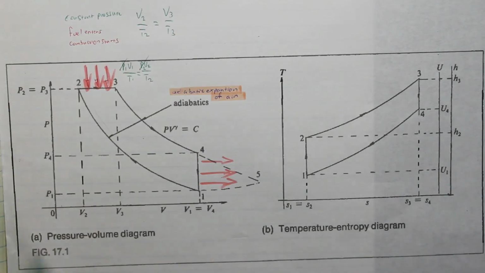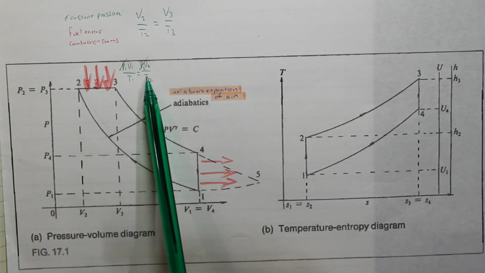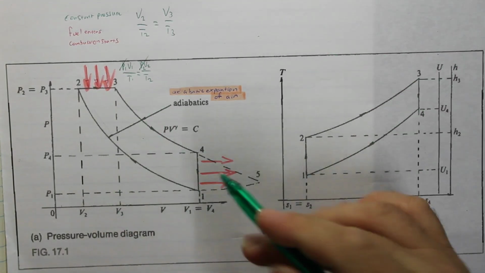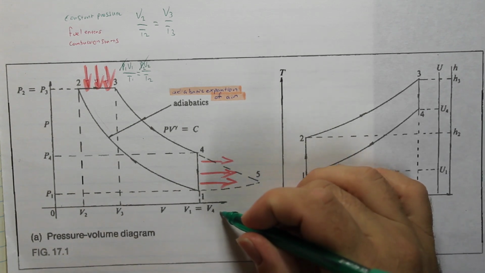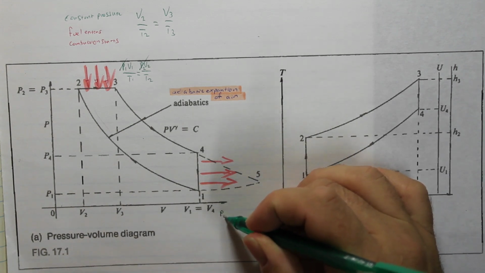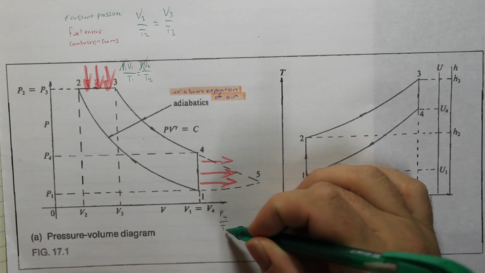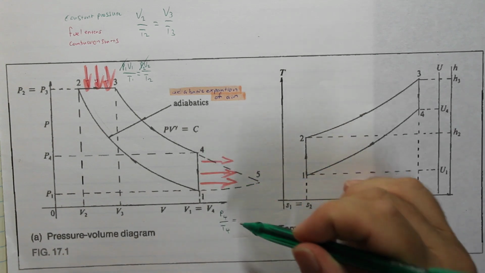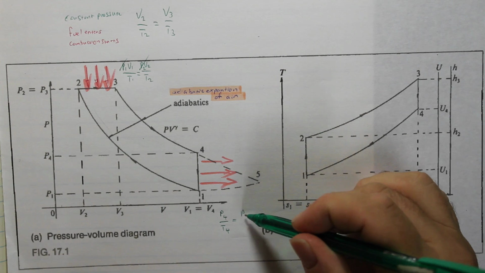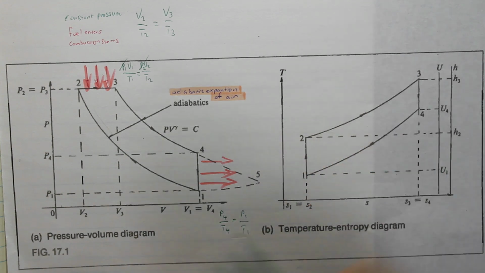So what's going to be cancelled out now from this formula? Over here we're just going to have P4 over T4 equals P1 over T1. We cancel out the volumes now because it's a constant volume process.